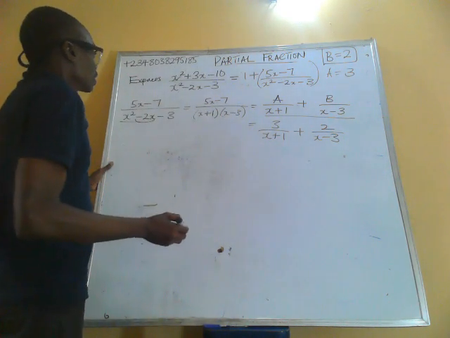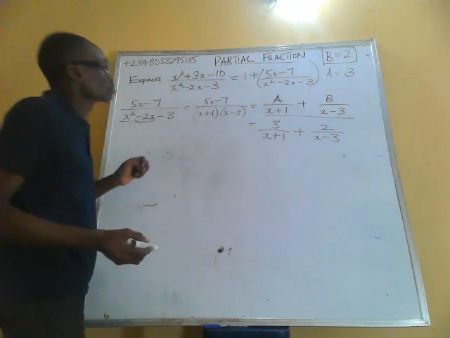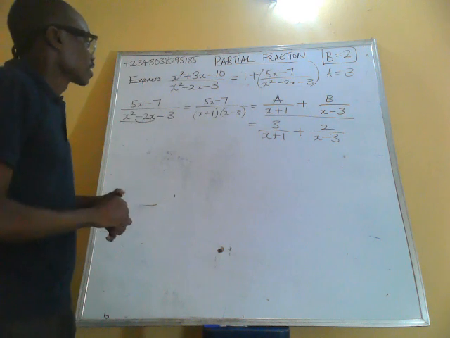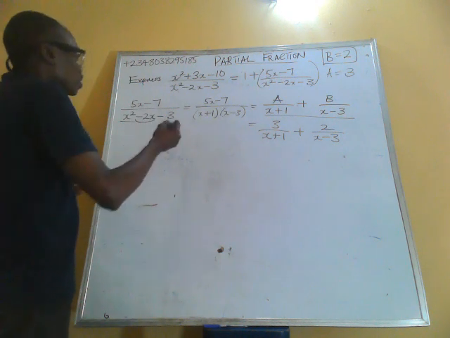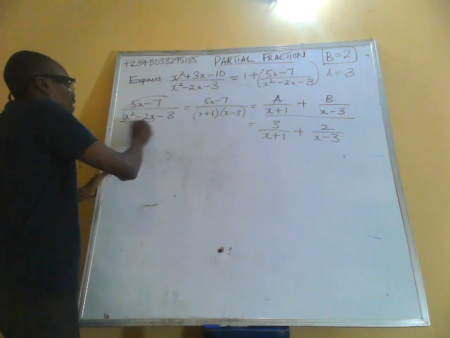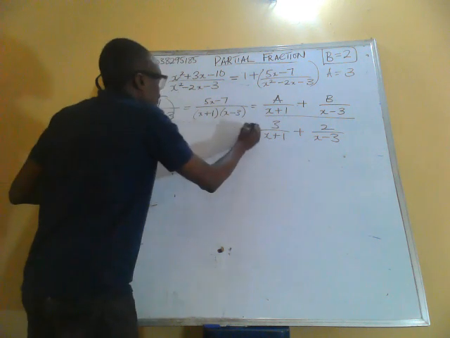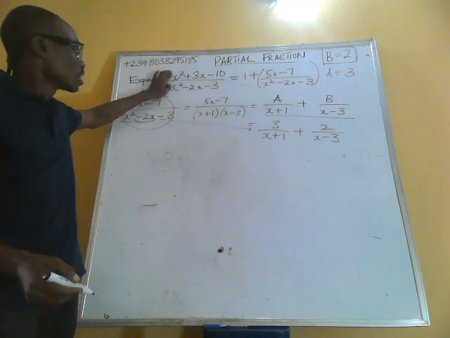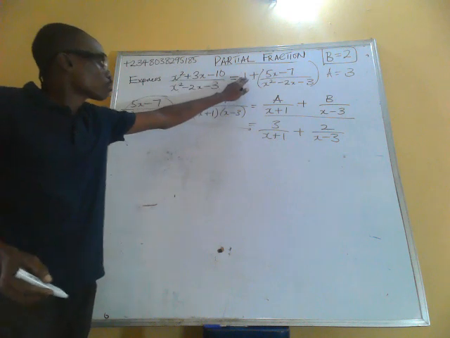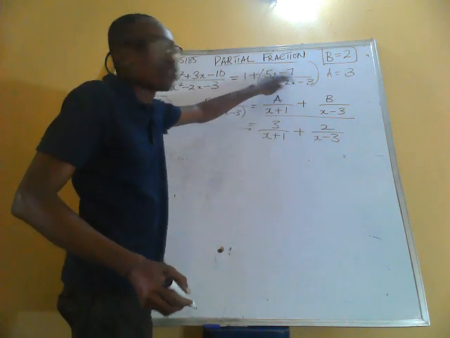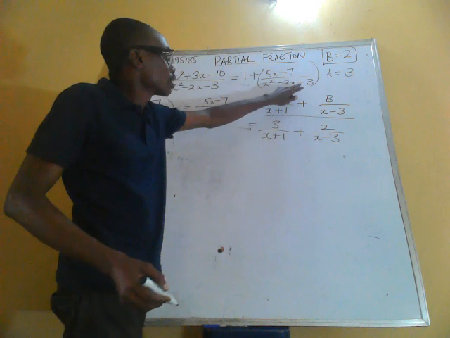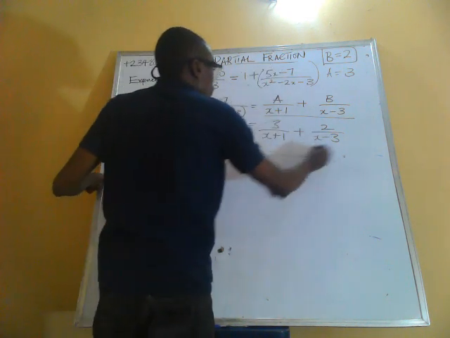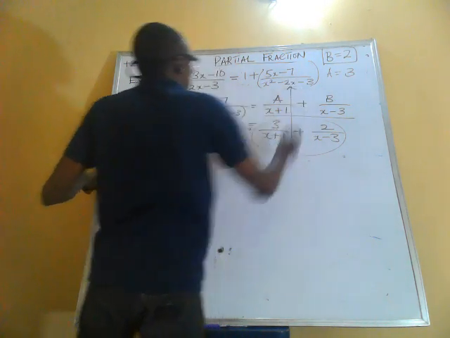So now this was what we got. For this part is this, but the entire expression originally is this, which when we divided we got 1 plus 5x minus 7 over x squared minus 2x minus 3. Now this aspect is this, so we're going to replace this with this.